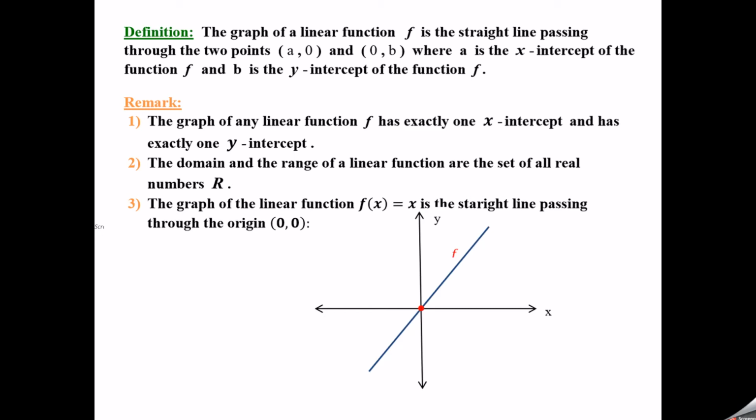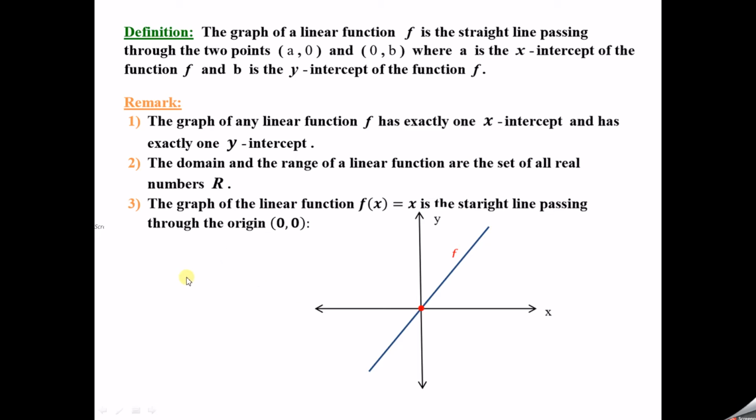What are those? (a, 0) and (0, b). (a, 0) when the x-intercept is a and (0, b) when the y-intercept is b. So if we find the x-intercept and y-intercept, then you can draw a line passing through these two points (a, 0) and (0, b). That will be the linear function.